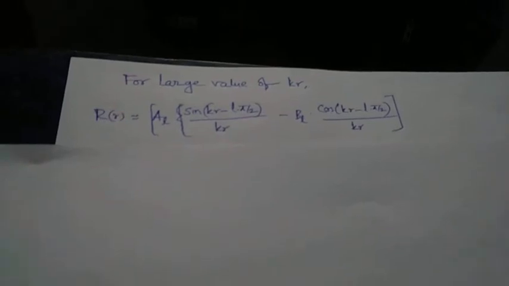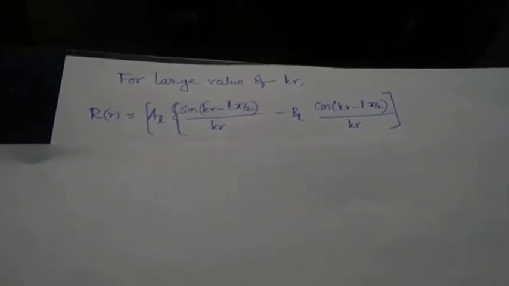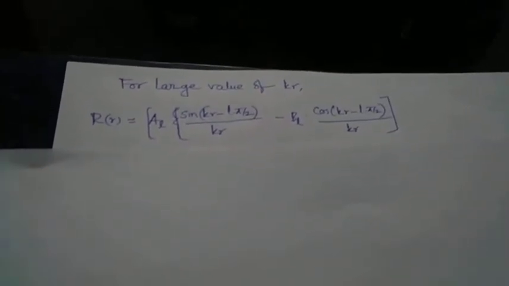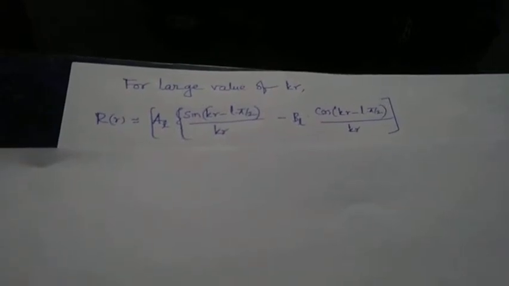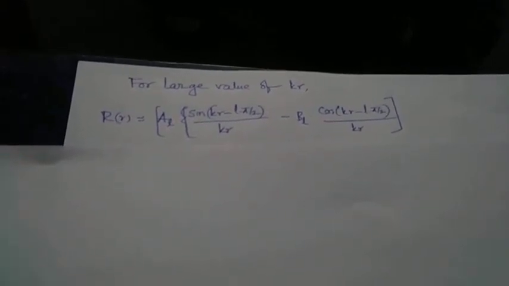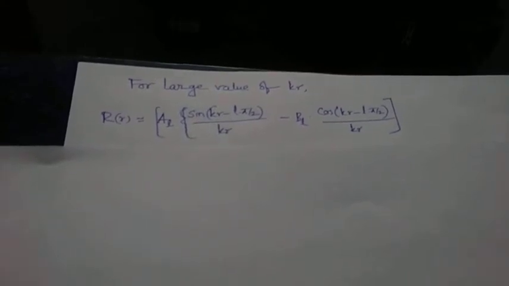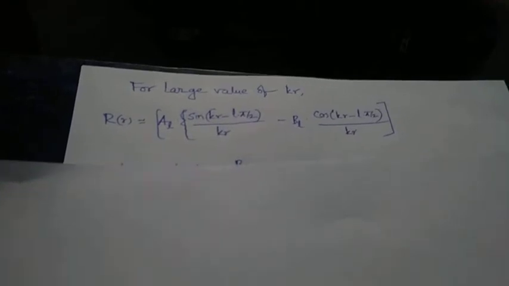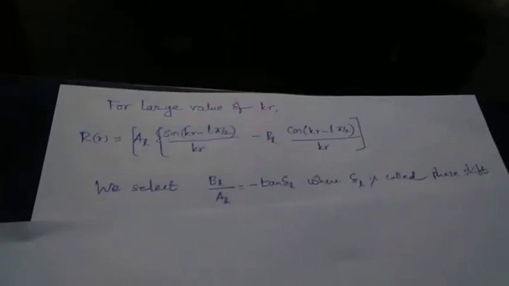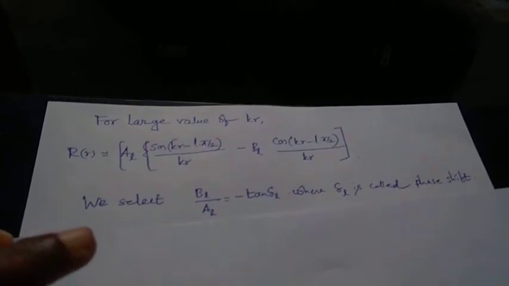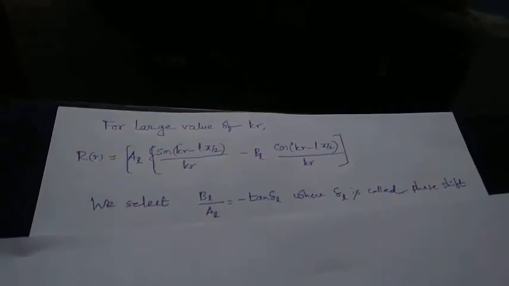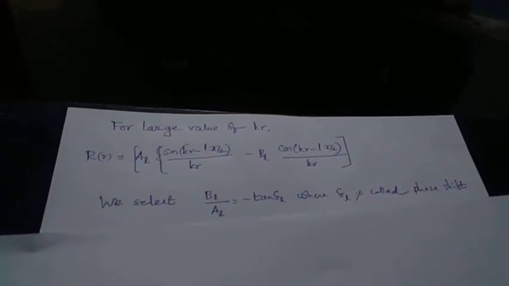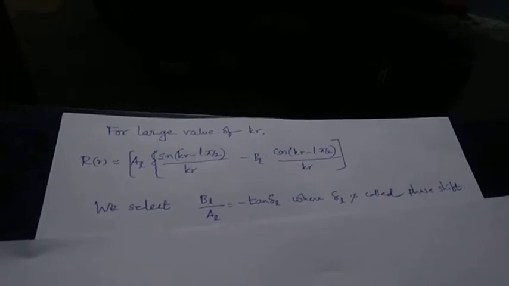For large values of kr, we can write the function R as A_l into sine of (kr minus l pi by 2) all divided by kr, minus B_l into cos of (kr minus l pi by 2) all divided by kr, where these B_l and A_l are selected through a relationship, B_l by A_l is equal to minus tan delta_l, and this delta_l is what we call the phase shift.